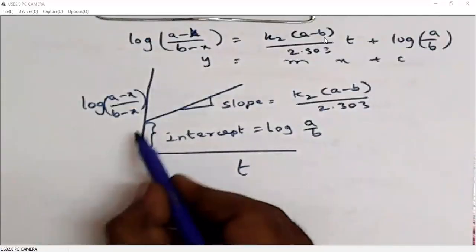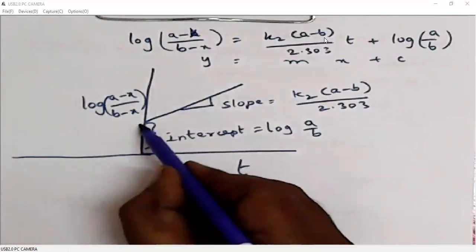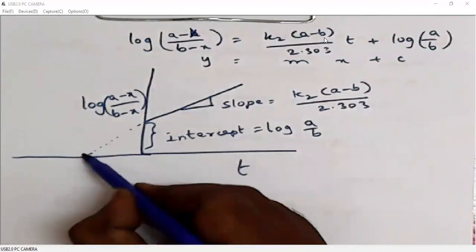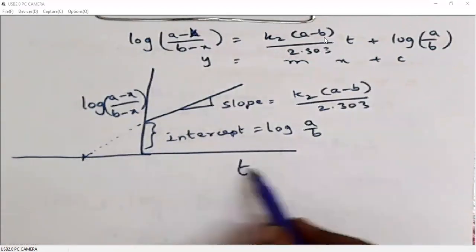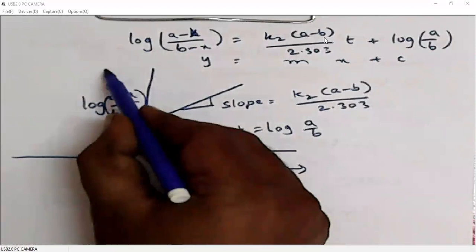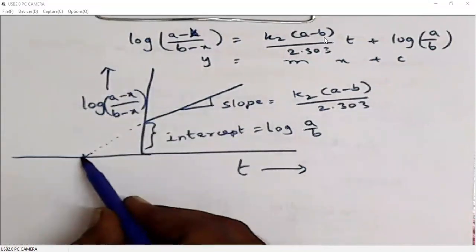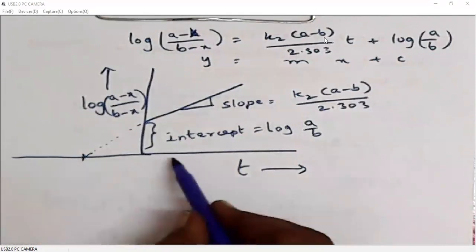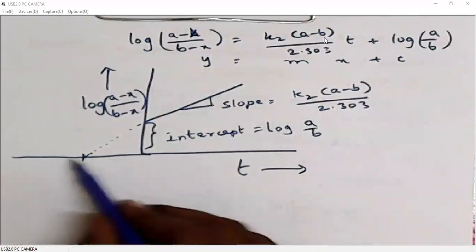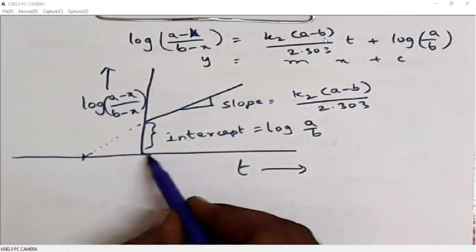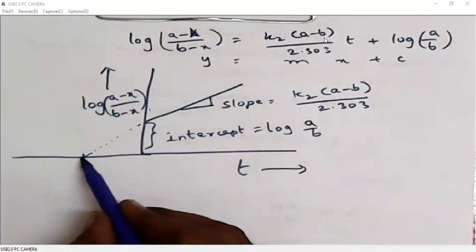When we extrapolate this graph onto the x-axis, it will be like this, and it will cross the x-axis here, the t-axis. Now, what is the value of t here? When we want to know the value of some point on the x-axis, we take y as 0, because the y coordinate is 0.